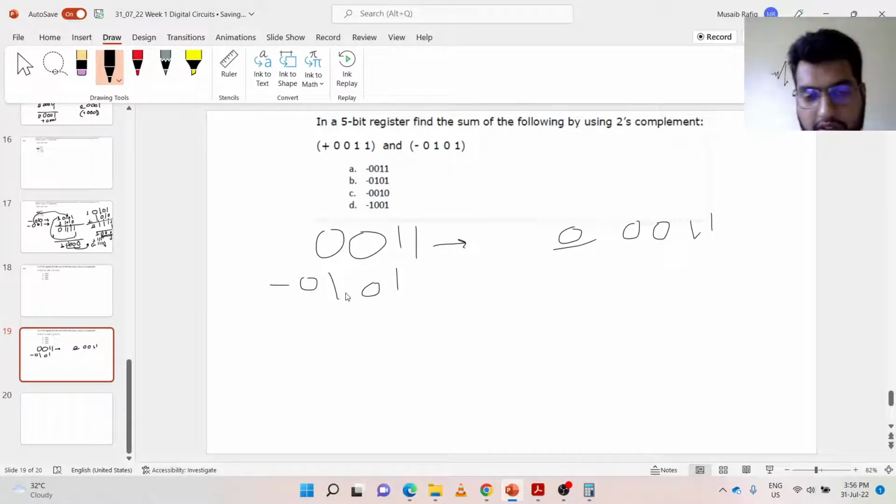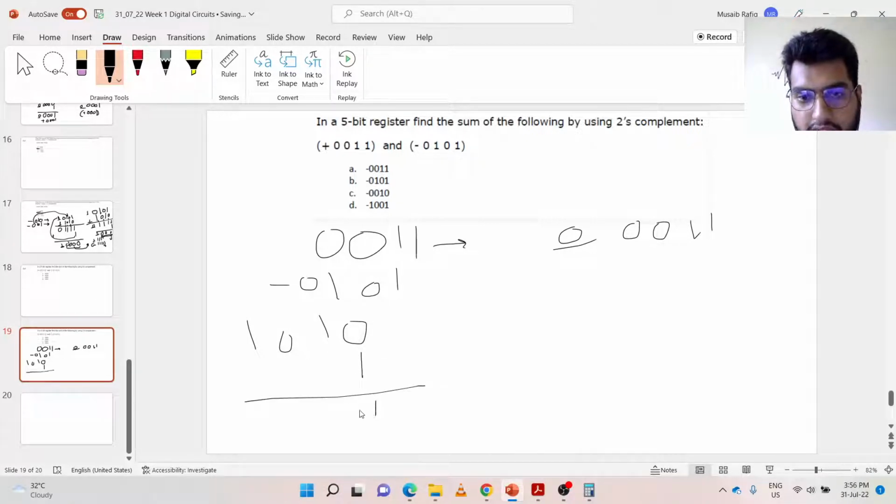So I'll show you an easy way of finding the 2's complement. Just find the 1's complement. The 1's complement of 0, 1, 0, 1 is 1, 0, 1, 0. Whatever the number is, first find the 1's complement, and then to find the 2's complement, just add 1 to the LSB. So it is 1, 1, 0, 1. So its 2's complement is 1, 0, 1, 1.